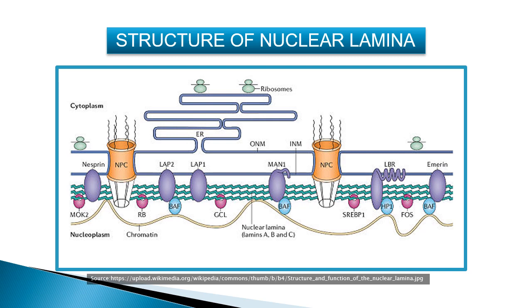The nuclear lamina lies on the inner surface of the inner nuclear membrane, which is shown in the figure as INM. Nuclear envelope proteins that are bound to the lamina include nesprin, emerin, lamina-associated proteins 1 and 2, LAP1 and LAP2, the lamin B receptor LBR and MAN1.